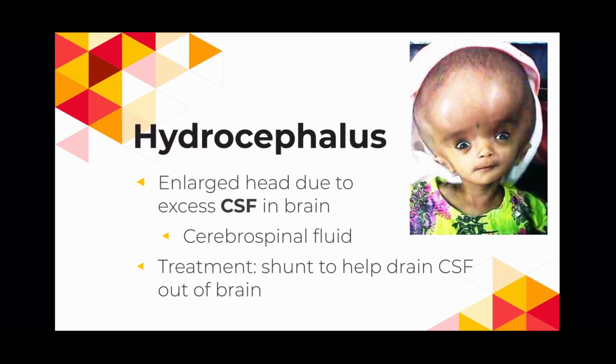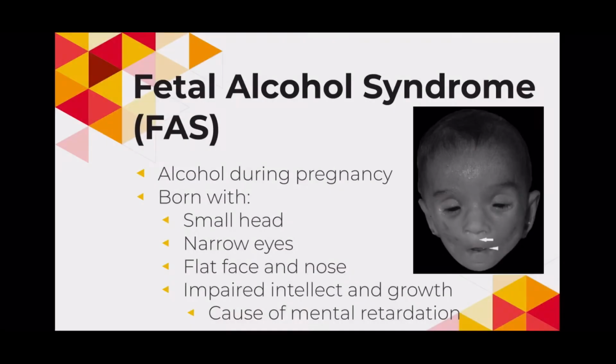So you have a buildup of fluid in the brain which causes an expansion, and this is due to some sort of obstruction that prevents the cerebrospinal fluid from exiting the brain to go back into the spinal cord and recirculate. It is treatable: the treatment is to surgically put a shunt into the brain to allow the excess cerebrospinal fluid to drain out of it. So surgery is needed for this condition.